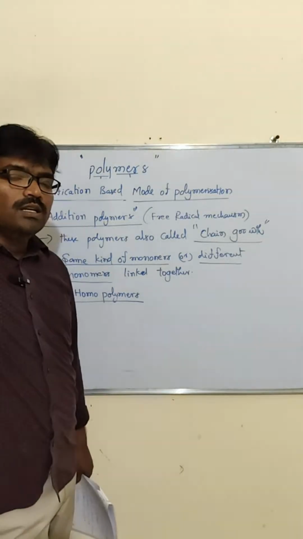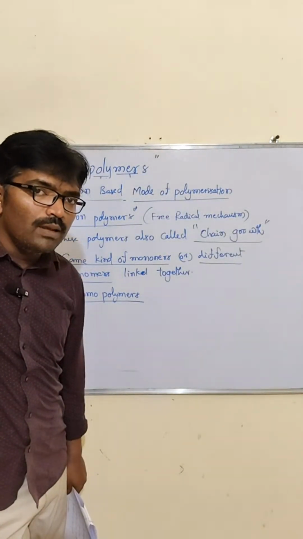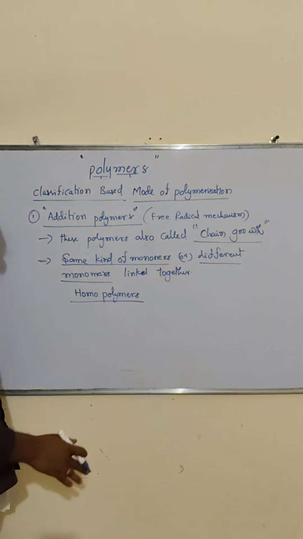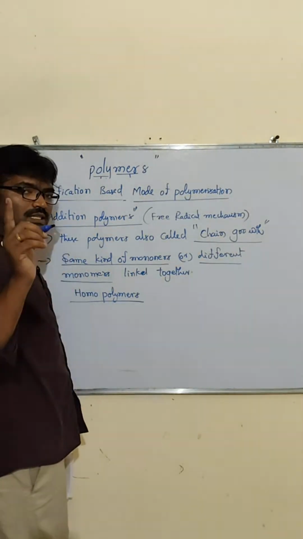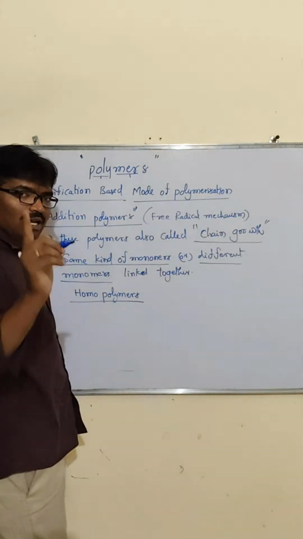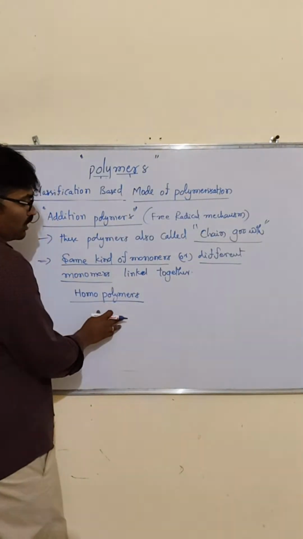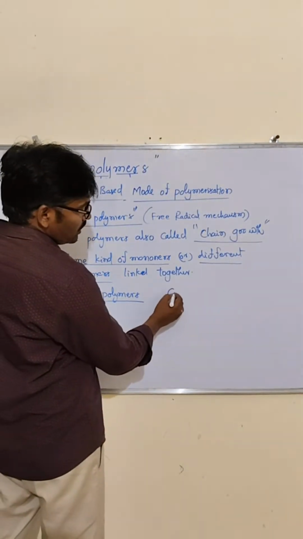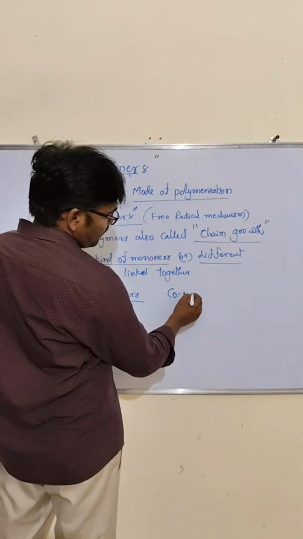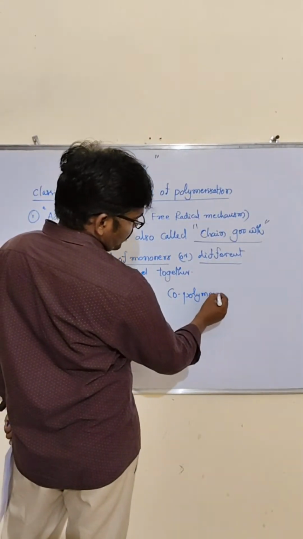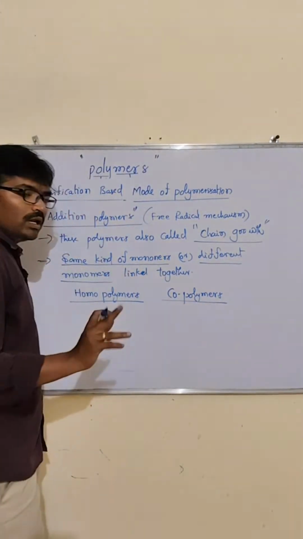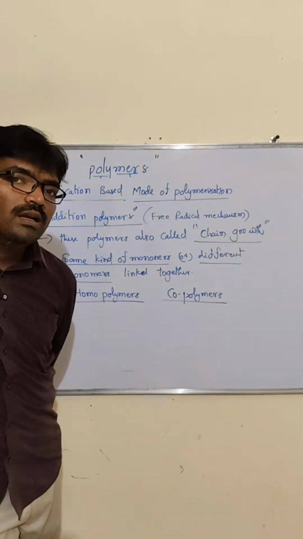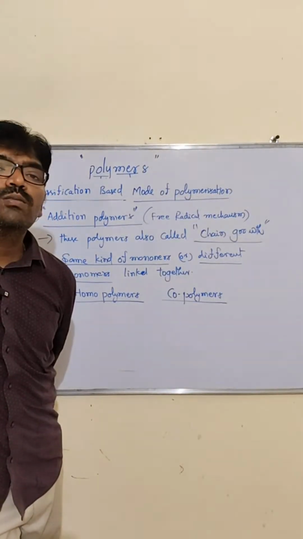They will ask a question: which of the following is a homopolymer or which is a copolymer? A homopolymer involves only one kind of monomer. If different kinds are involved, we call it a copolymer. So when two different monomers are linked together, that is a copolymer.